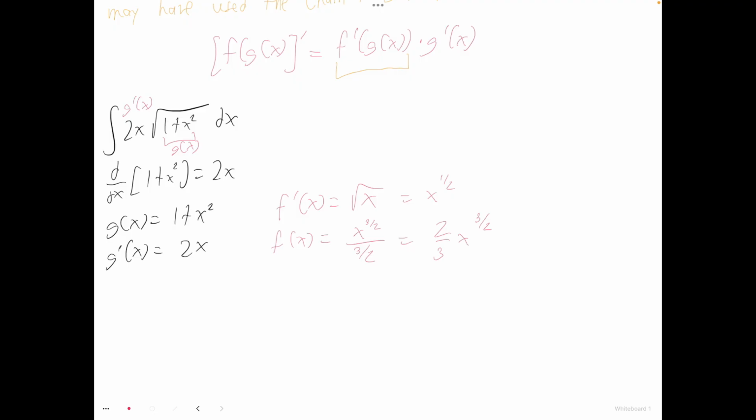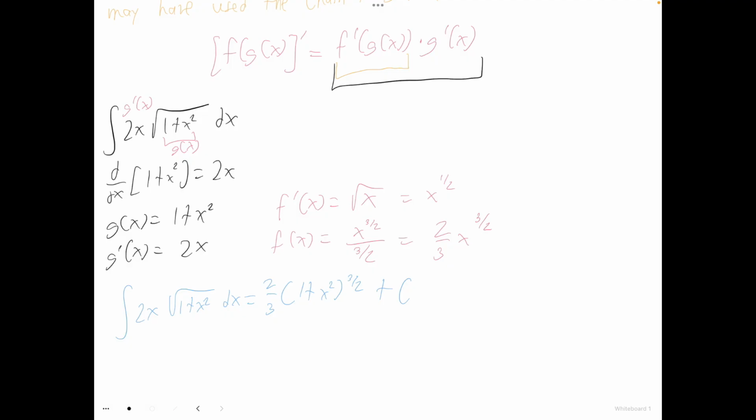So from pattern matching with the chain rule formula, we find that the integral of 2x square root of 1 plus x squared dx would be 2/3 of 1 plus x squared to the 3/2, plus c.